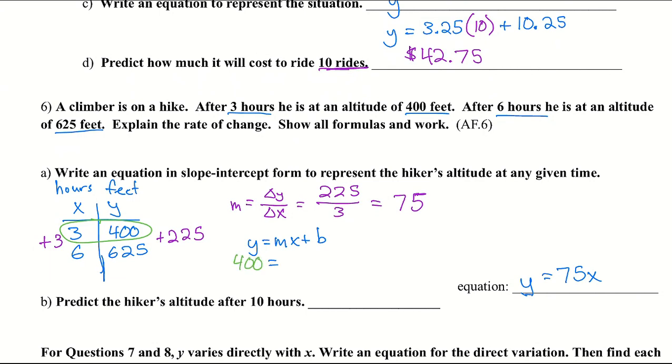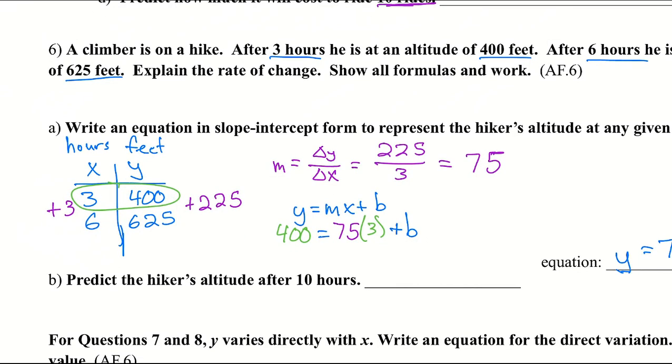The slope that we just found times the x plus the y-intercept. Looks like I might run out of a little bit of room here. That's okay. 75 times 3 is 225. So I've got 400 equals 225 plus b.